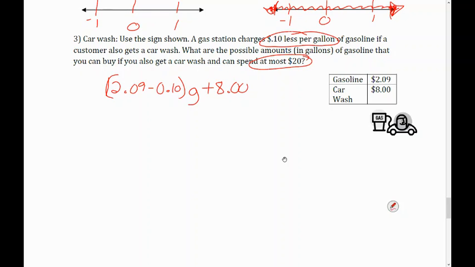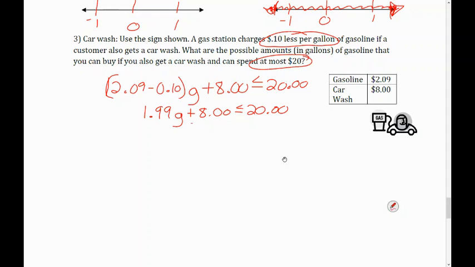I don't want to spend more than $20, so I use less than or equal to $20. All right? Because the gasoline price is in parentheses, we're going to do that first. So $2.09 minus 10 cents leaves us $1.99 per gallon, plus the $8 for the car wash, and I'm still trying to spend less than $20.